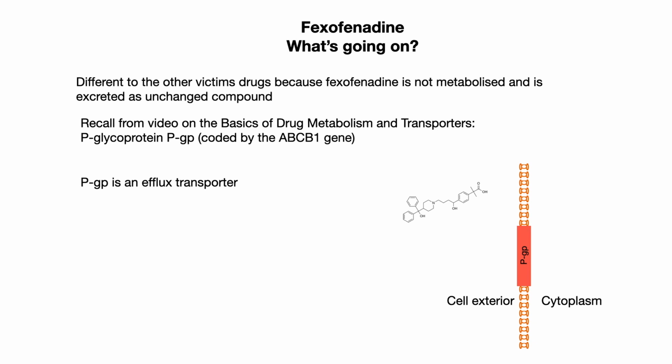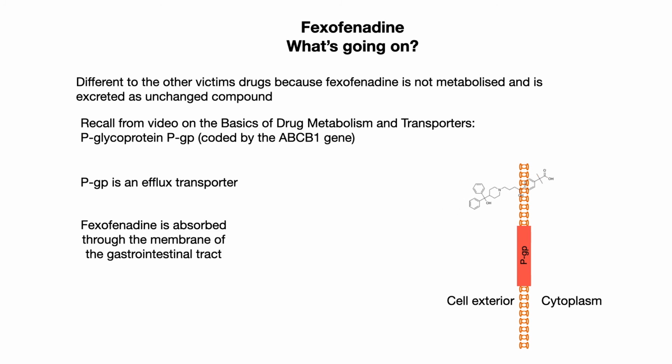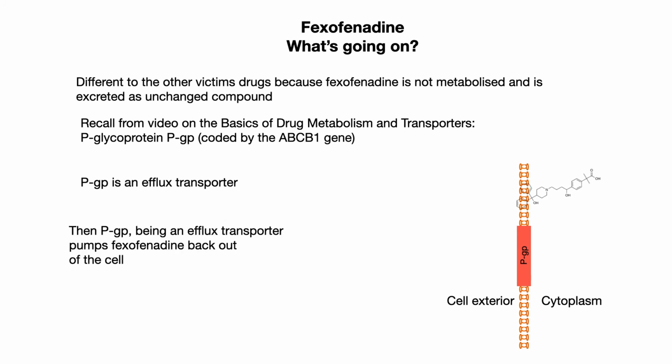If you look at the video where we looked at drug metabolism and transporters, you were introduced to P-glycoprotein, or PGP, which is an efflux transporter. So what that means is that Flexophenidine, which is the structure shown there, goes through the membrane into the cell, and then the PGP comes along and pumps Flexophenidine out of the cell.